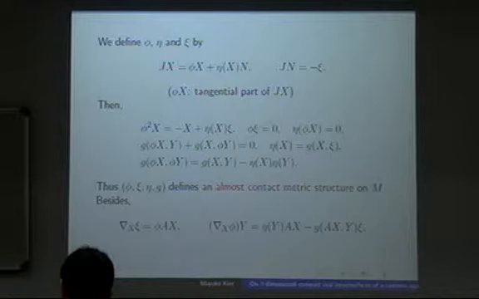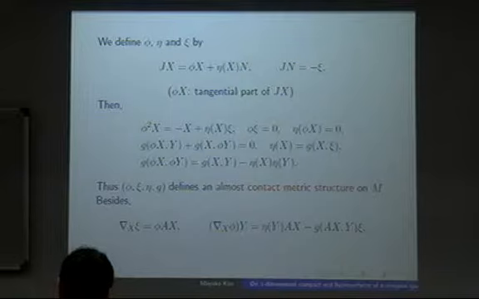Taking the tangential part of JX, we define phi X, and taking the normal part, we have eta X. And this z is called the structure vector field of the real hypersurface, defined by minus JN, where N is a unit normal vector field.